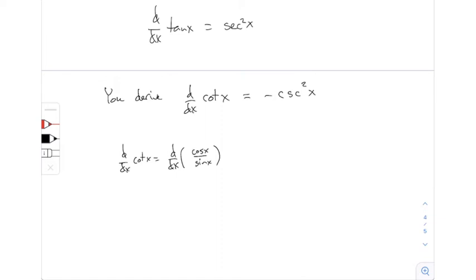You do it. This is how you start if you're totally stumped. The cotangent is cosine over sine. And then do the quotient rule.